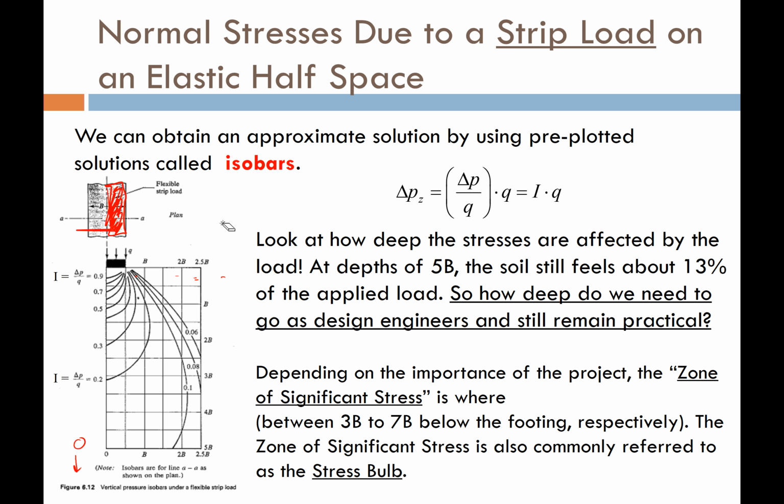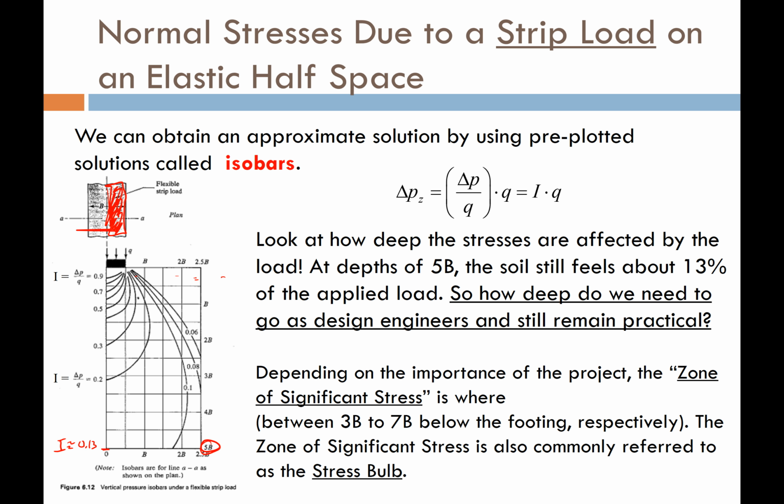Now, you'll notice in this particular plot that at a depth of 5 times the width of my footing, I, right at that level, is about equal to 13%, or 0.13. And think about that, right?